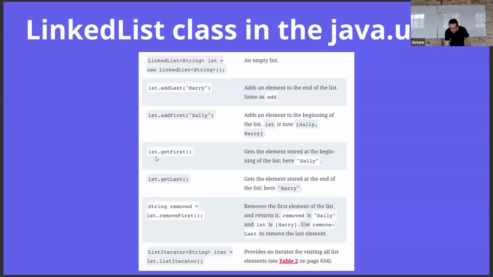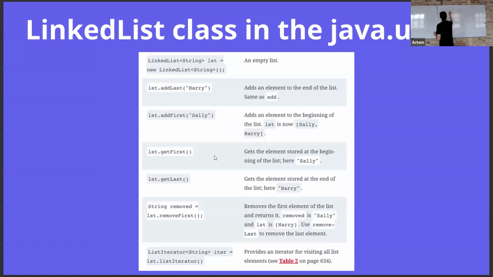Then we get first. In a linked list we have two fields, head and tail. Head is our first element, tail is our last element.